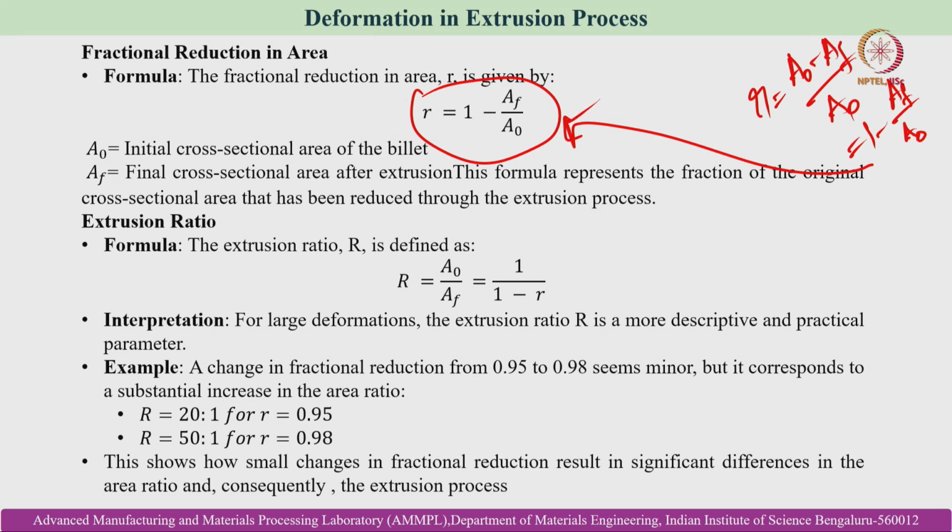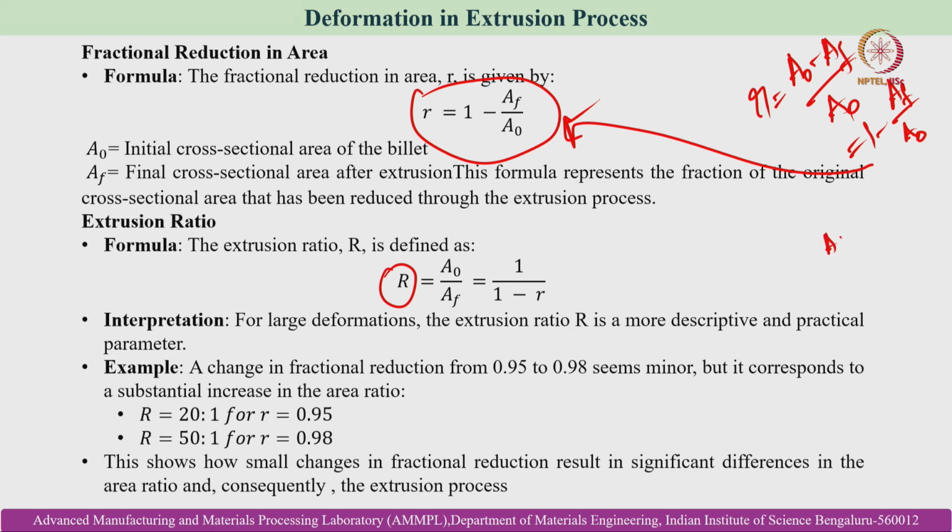The extrusion ratio should not be confused with the fractional reduction in area, which is defined by small r, whereas the extrusion ratio is defined as capital R, which is the ratio of the initial area divided by the final area. So if I need to express the extrusion ratio capital R in terms of the fractional reduction in area, small r, we can get it from here.